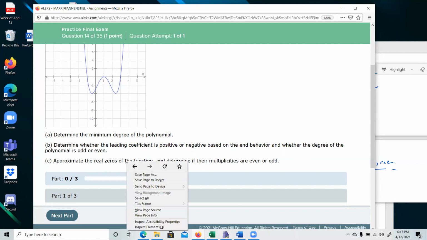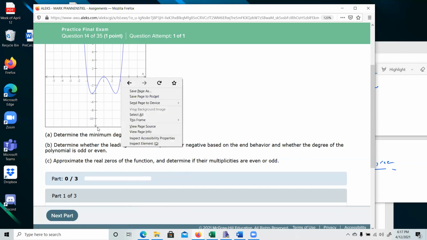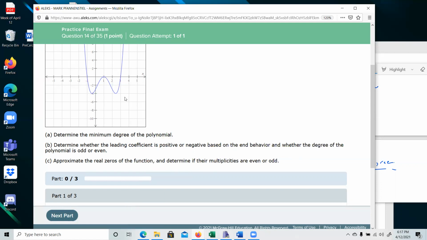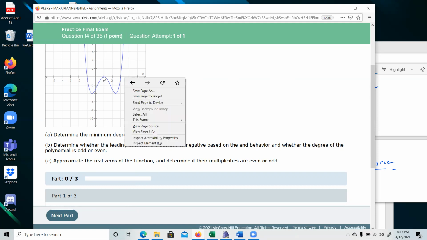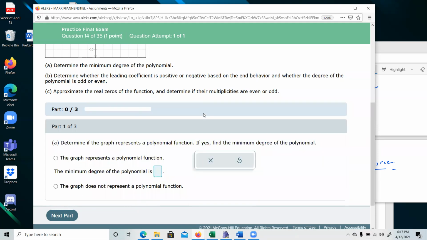Number of zeros, 1, 2, 3. Okay, that's it. And are the multiplicities even or odd? Well, this one breaks through, so that's odd. This one bounces, it's even. So we have an odd, even, odd. So 1, 2, 1. Again, fourth degree polynomial.